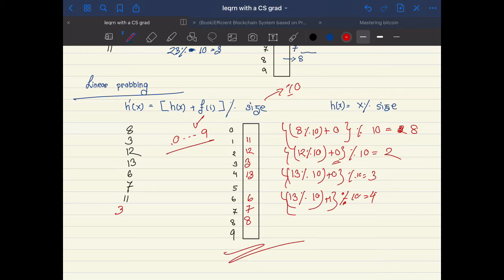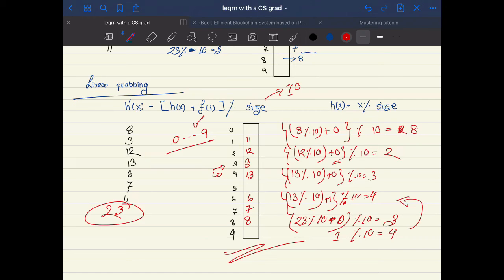So let's say we have another value, which is 23. Where do we put 23? 23 mod 10 plus 0 gives us 3, but 3 is already occupied, so we look into the next one, plus 1, which gives us 4 that we already calculated, so 4 is also occupied.